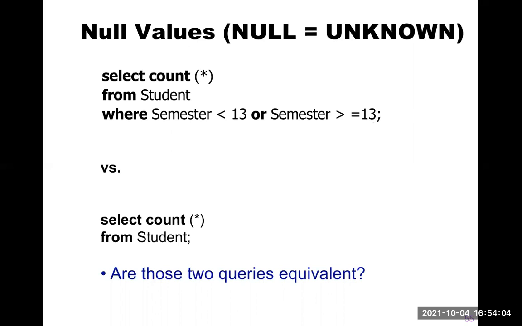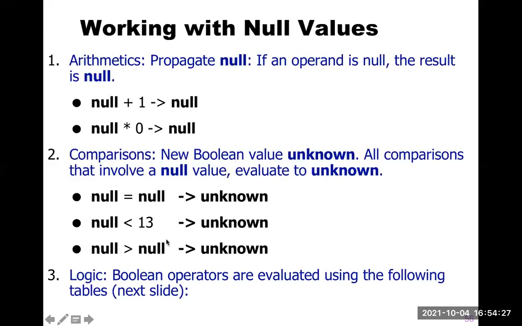Null is incomparable with values. It's just not equal to anything, just another value that's not equal to anything. So essentially, I want to count all the students who have a semester assigned and not count students with a null semester. And here I count them all. So the queries are not equivalent.